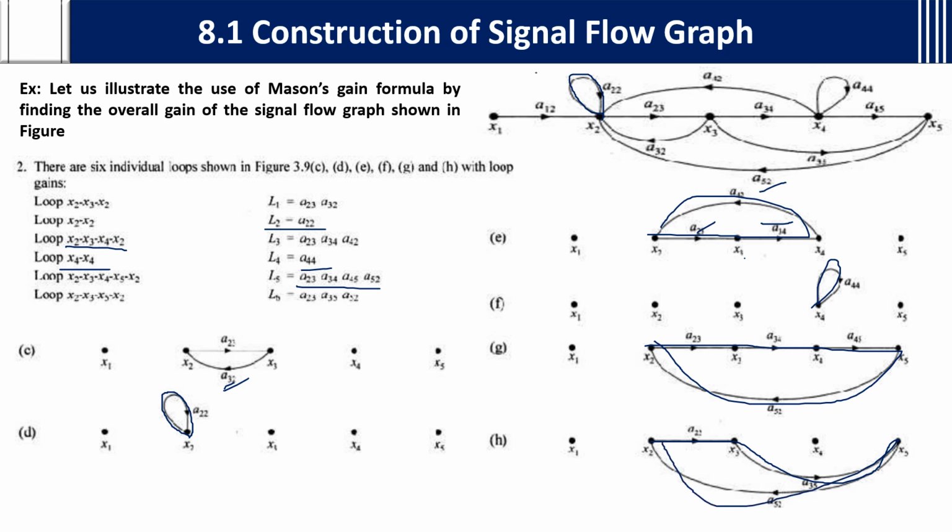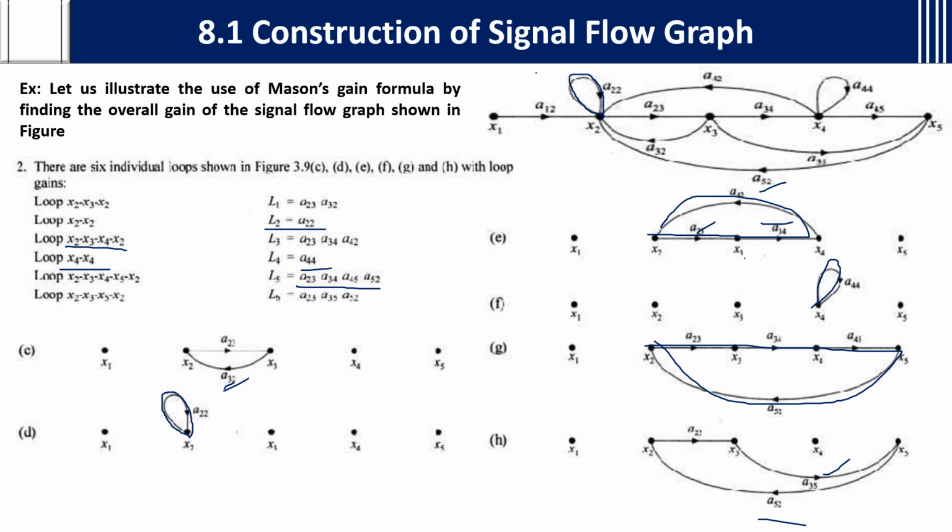This is one more loop. Forward and backward it should go, in the same arrow direction, so that is nothing but a loop. The gains are A23, A35 and A52. So we have written M1 and M2, the main forward paths, and then all the loops which are present.